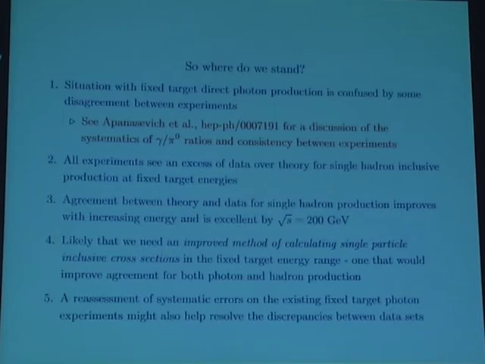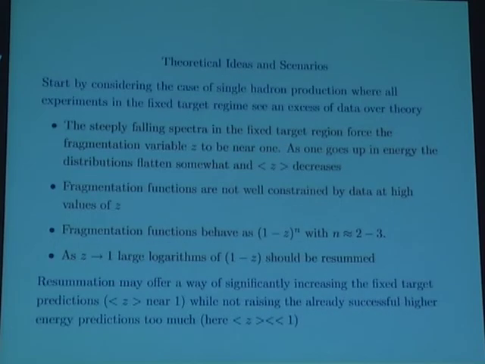So you might conclude that you need an improved method of calculating the single particle inclusive cross sections, at least in the fixed target energy regime. And it turns out that there's a way to improve this situation. And it has to do with resummation.